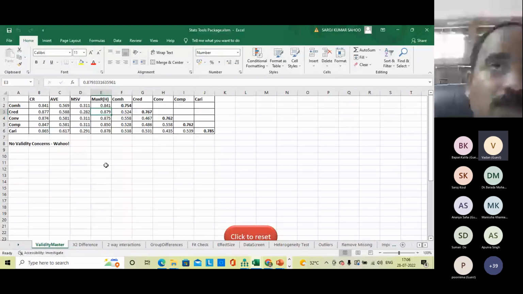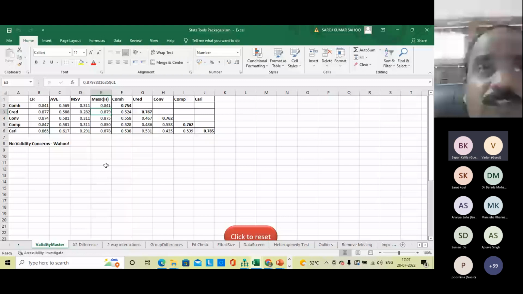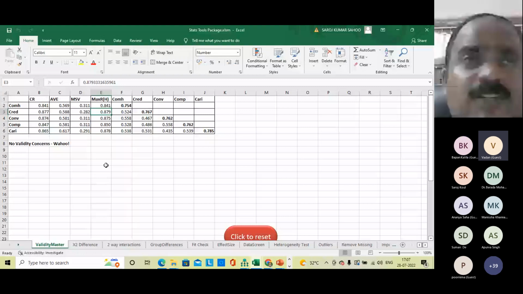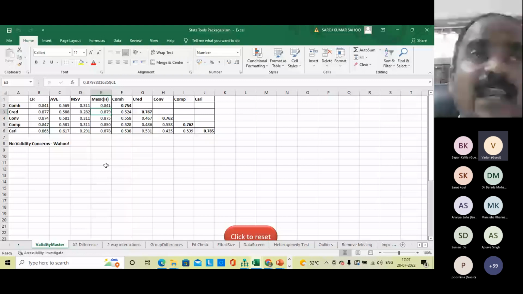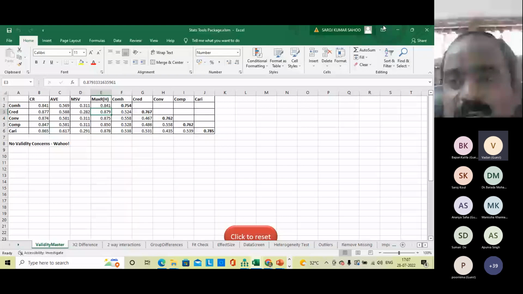In my case, it is above 0.8. Even if it is above 0.7, you can say there is less than 30% probability that other indicators can explain the underlying construct. That means it is not significant. That is negligible. Now clear? Bapan sir, clear? Clear, sir.